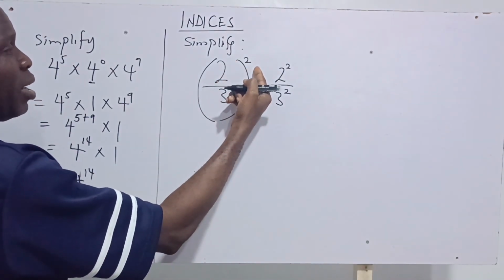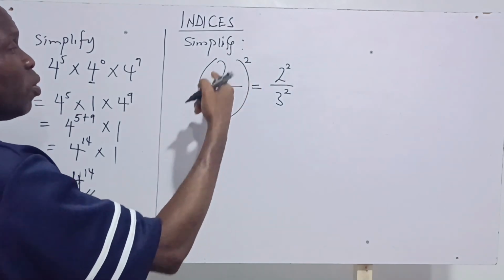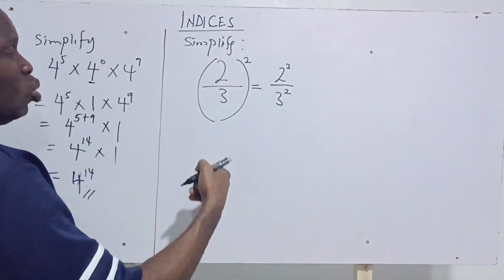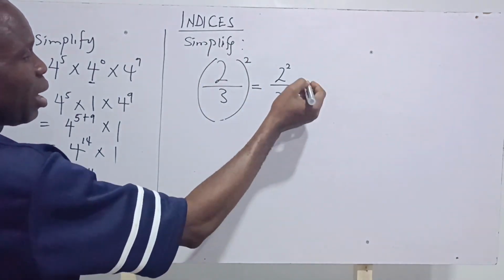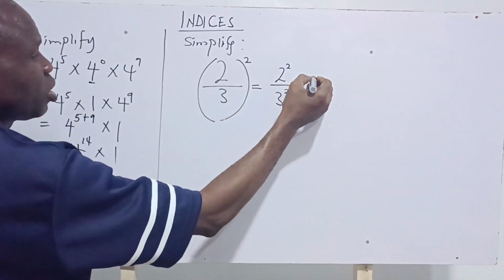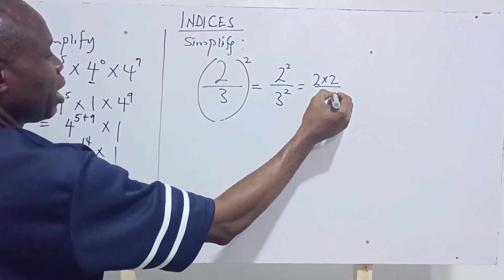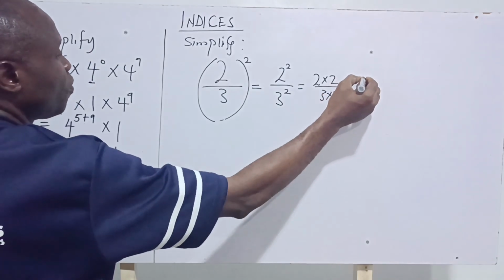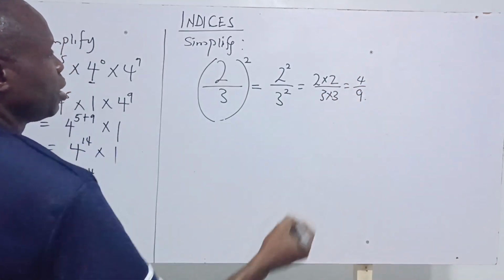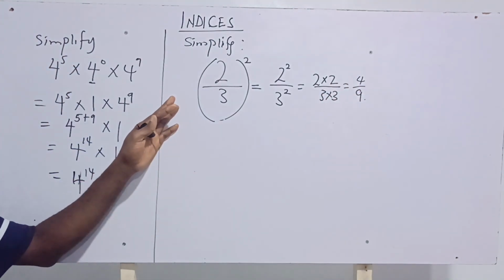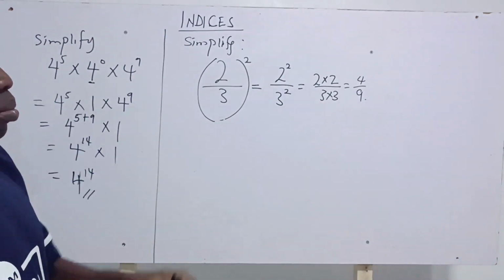So whatever we use the power to do is applied to 2 and 3. This means 2 multiplied by 2 over 3 multiplied by 3, which gives us 4 over 9. So we simplify this by using this method.